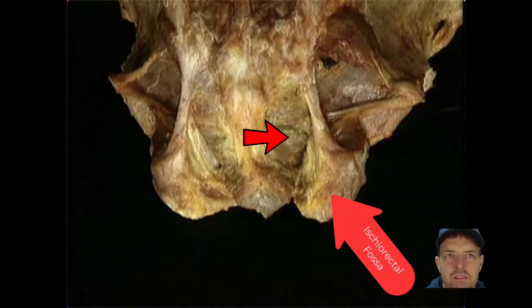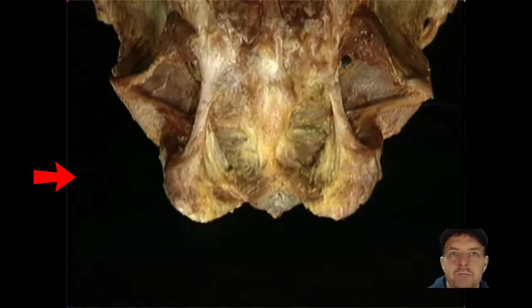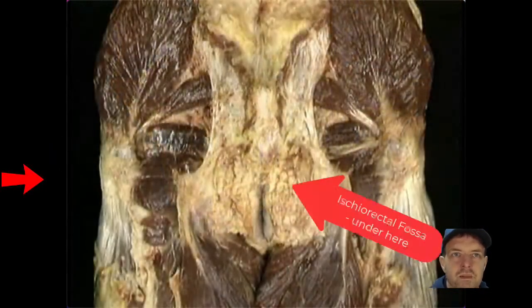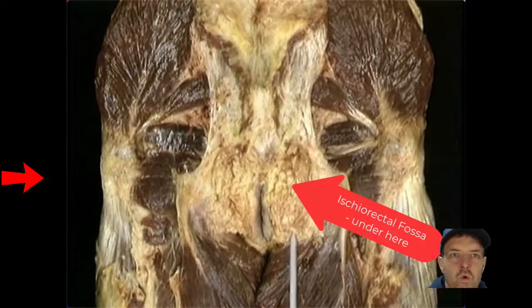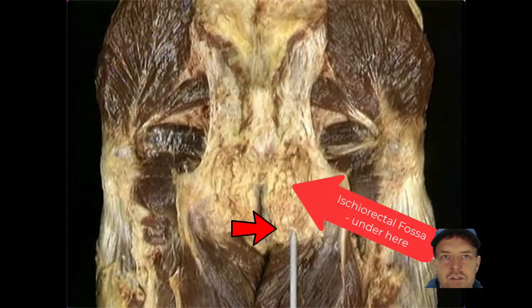Nobody's backside does that, so your body is filled here with fat. Let's have a look. And there it is. All of that area, that ischiorectal fossa, is under there. And there's your anus just there.